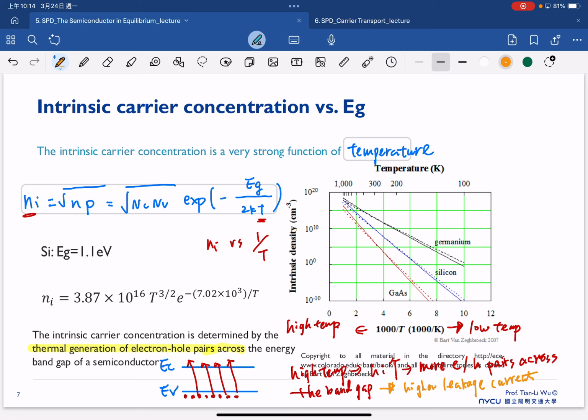If you have worked in the semiconductor area, you will definitely have a chance to see that the leakage current is highly dependent on temperature. Normally it is high temperature, high leakage current; low temperature, low leakage current. But now we can also use the concept of intrinsic concentration to understand why semiconductor material always exhibits a temperature dependent leakage current.